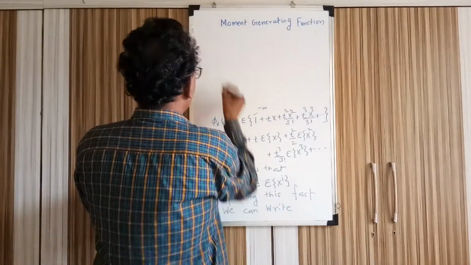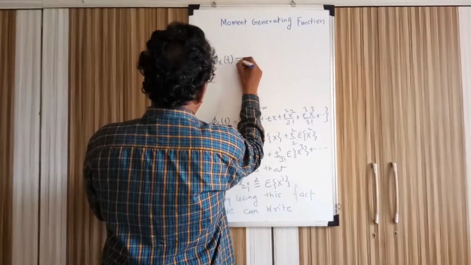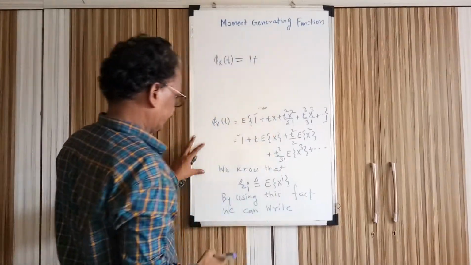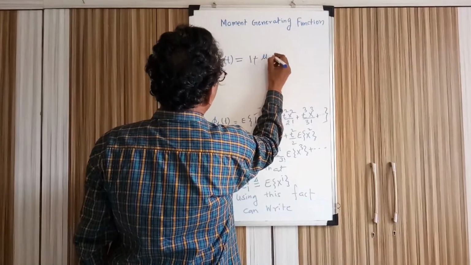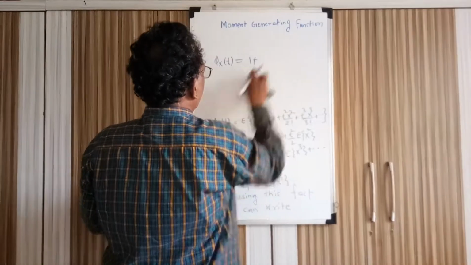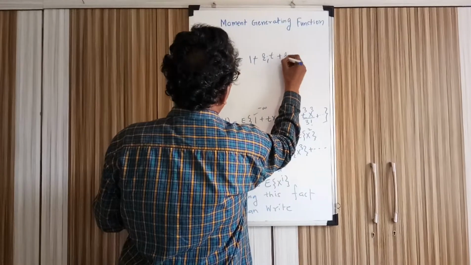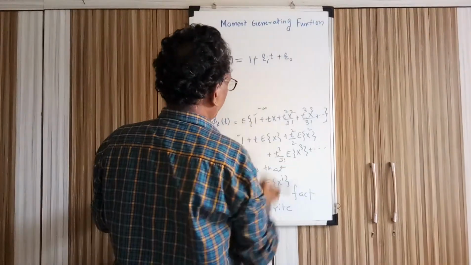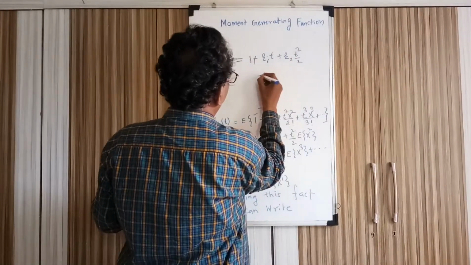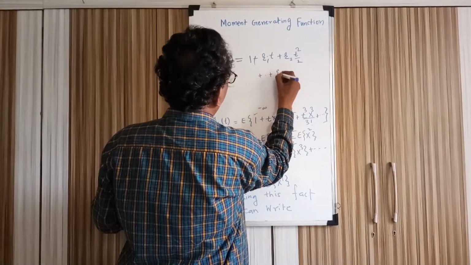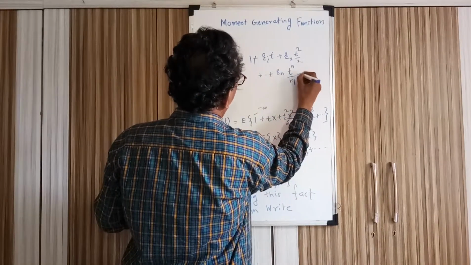So let us write this equation: phi x of t equals 1 plus expected value of x times t, so mu x, which is zeta 1, t plus zeta 2 t square by factorial 2, likewise zeta n t raised to n divided by factorial n, and so on.